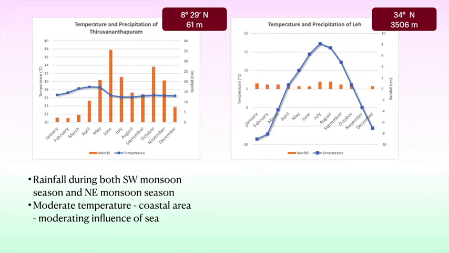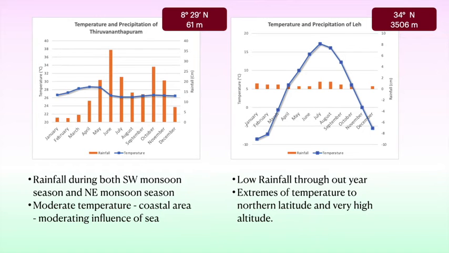The next place is Leh. See the temperature line graph. It is the most fluctuating of all the places given. Temperature goes as low as -10 degrees centigrade in Leh and goes as high as around 18 degrees C in summer.